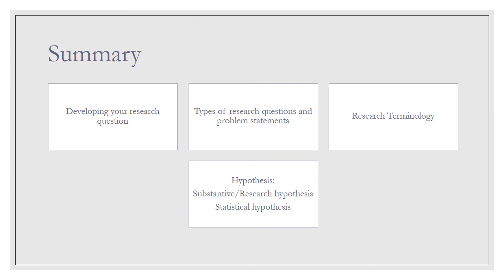We also went over some research terminology, things like variables and constants, different types of independent variables and the dependent variable. We made sure to go over operational definitions so that for any terminology that's going to be in our hypothesis, we can measure the variables that we're interested in.